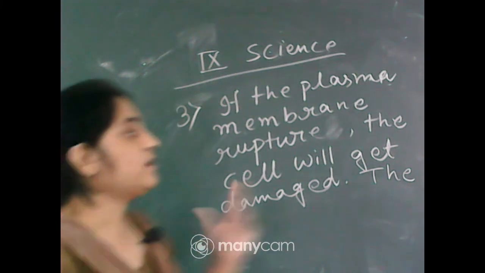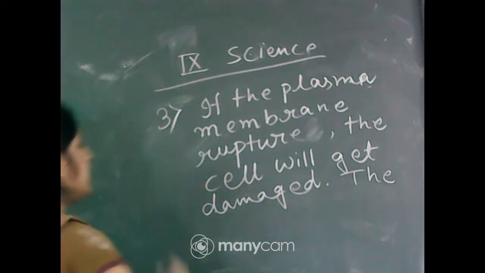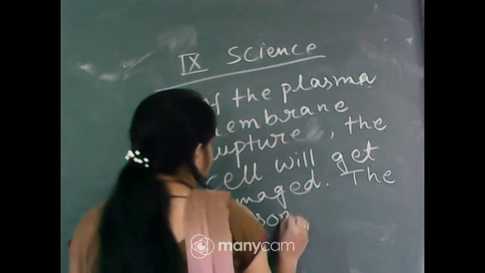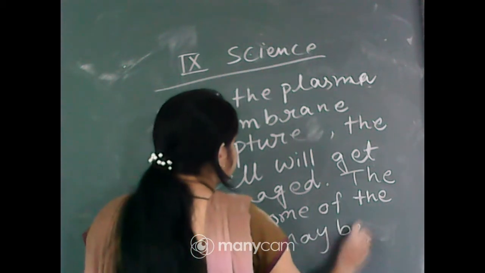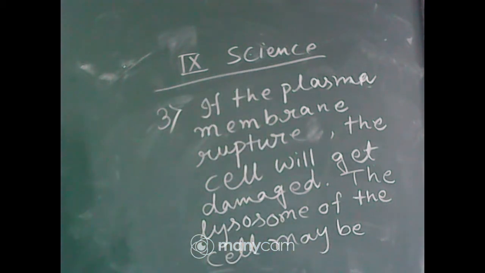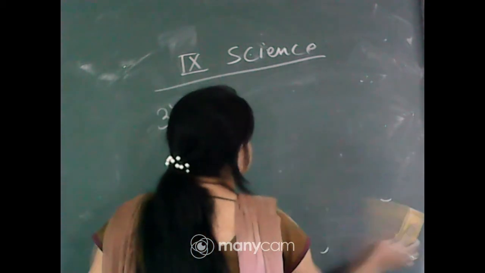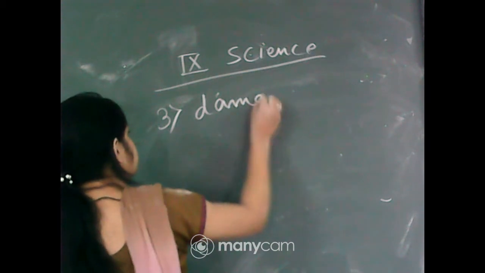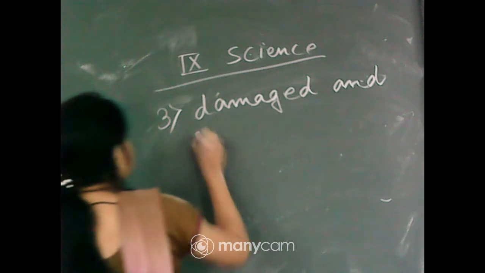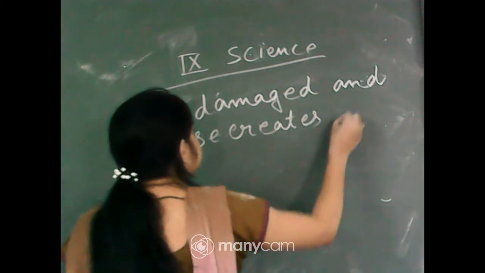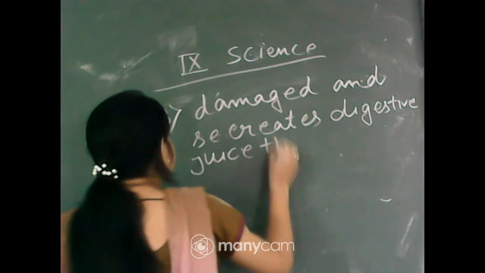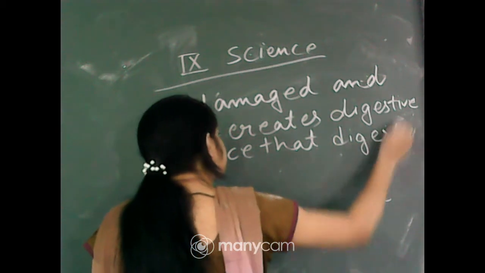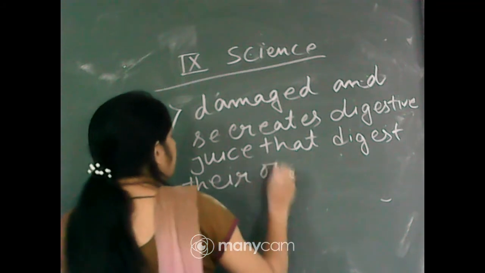So if the plasma membrane ruptures, the cell will get damaged, the lysosome of the cell may burst and secrete digestive juice that digests their own cell.